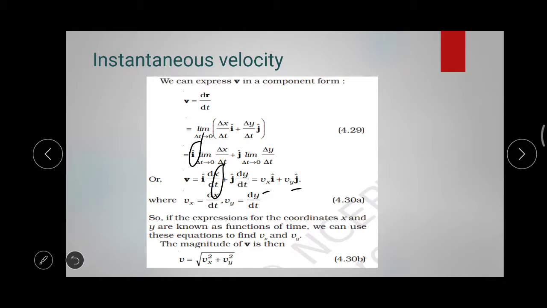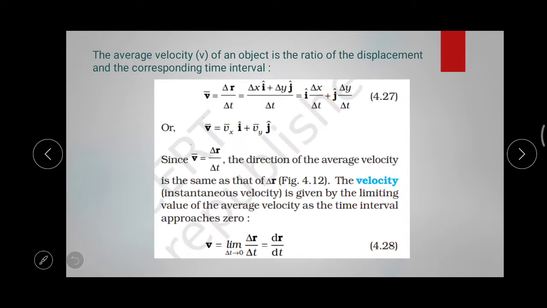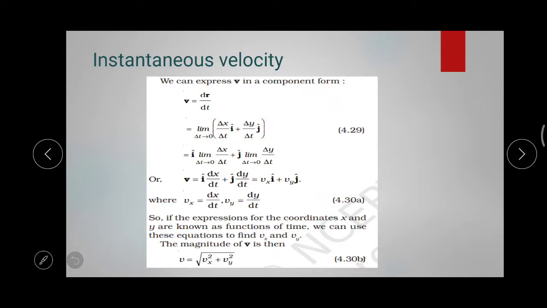So v is equal to dr by dt, the x component vx is equal to dx by dt, and vy is equal to dy by dt.